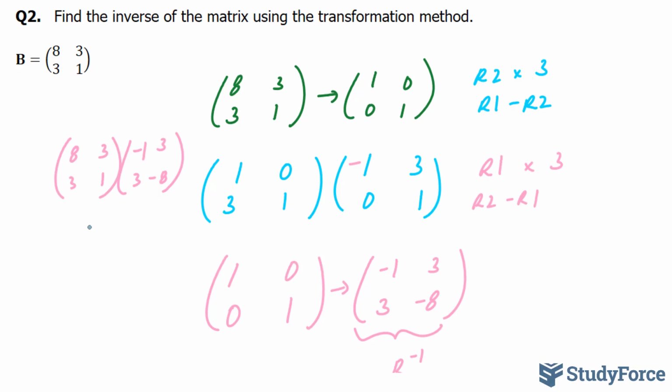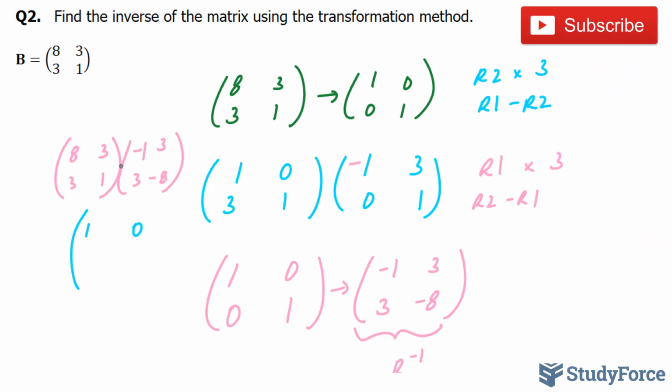Negative 8 plus 9 is 1. 8 times 3 is 24 plus negative 24. That gives us 0. 3 times negative 1 is negative 3 plus positive 3. That gives us a 0. And lastly, 3 times 3 is 9 plus 1 times negative 8. And that gives us positive 1.